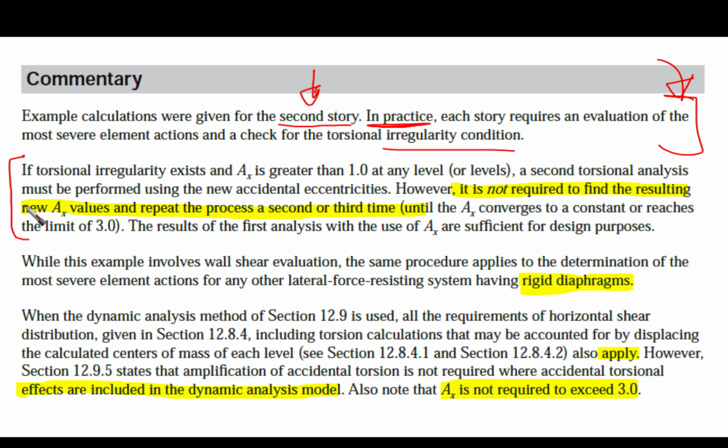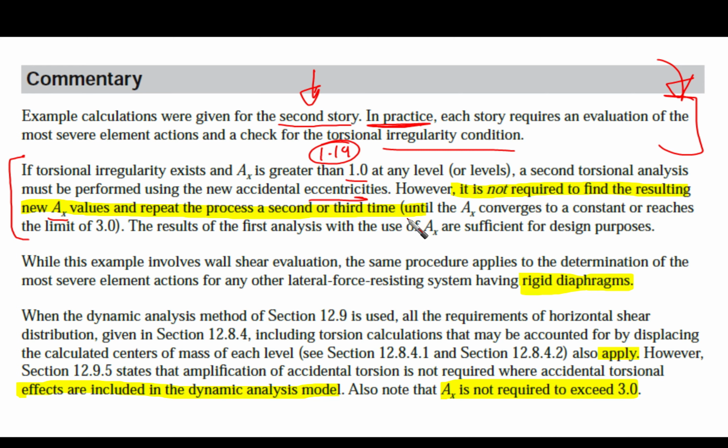The second comment is, if torsional irregularity exists and AX is greater than 1 at any level or levels, a second torsional analysis must be performed using the new accidental eccentricities, as we have done. We found that our 1.19 amplification factor needs to be applied. However, it is not required to find the resulting new AX values and repeat the process a second or third time.